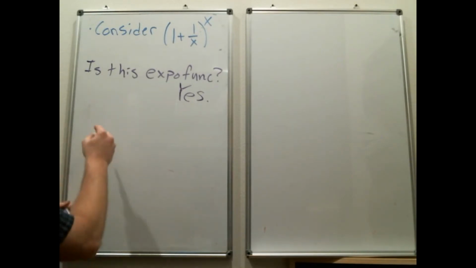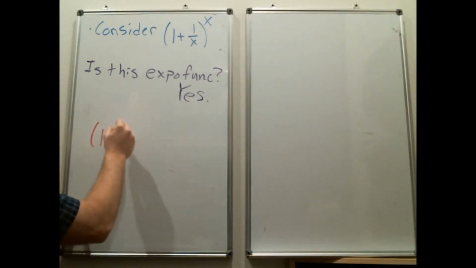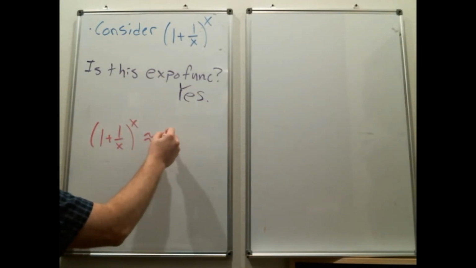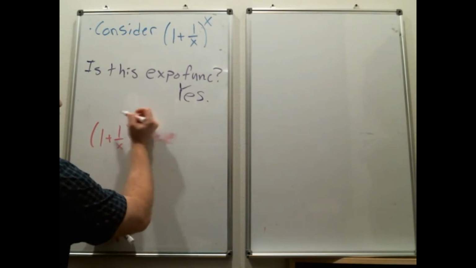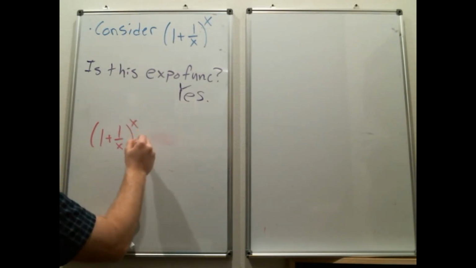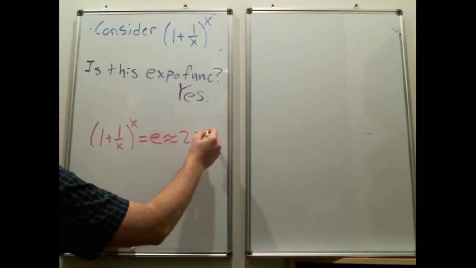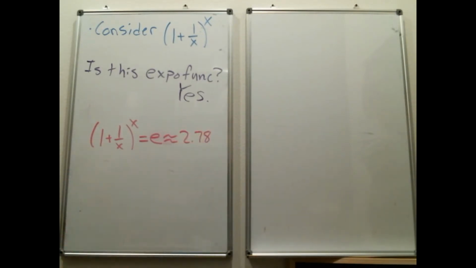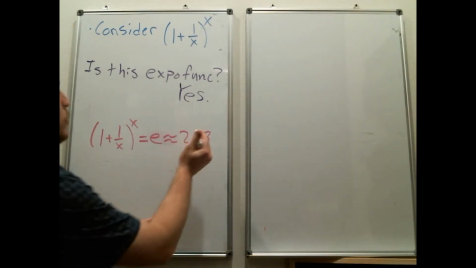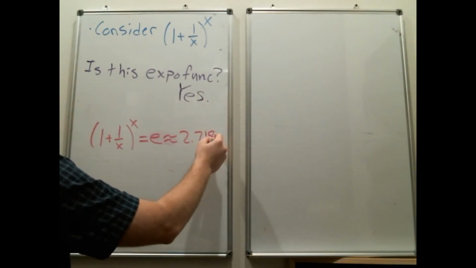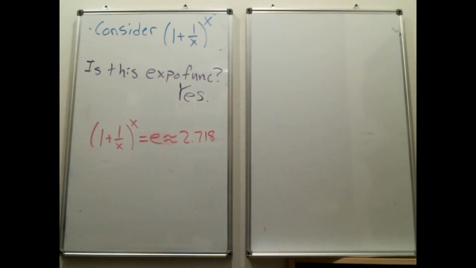Let's write it: (1 + 1/x)^x is equal to E, which is approximately 2.78. No, I lied. I knew I was off a little bit. It's 2.718, and it keeps going on forever.